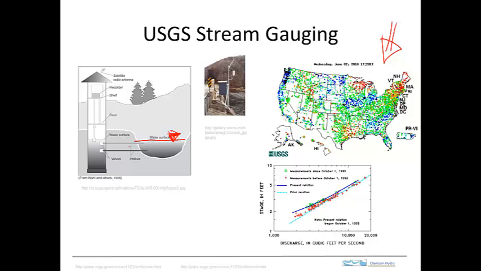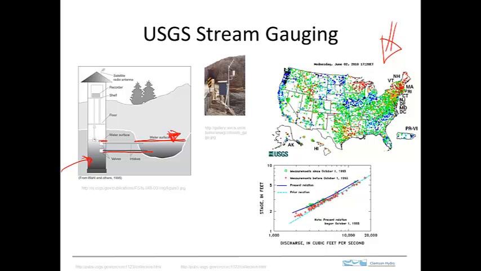And so in order to make a good measurement, typically what's done is to use a stilling well that's set off back away from the stream and connected to the stream through a tube shown here. And as a result, the water level in the stilling well only varies slightly. And so we can measure the water level here, and the average water level here will be equal to the average water level in the stream.